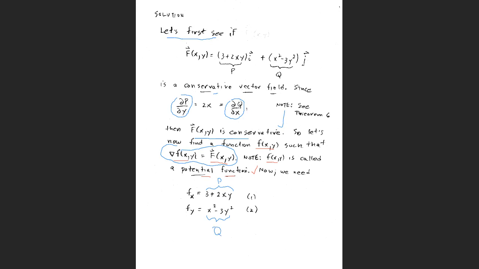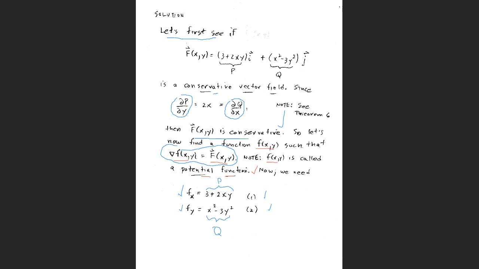So we're going to set p equal to the partial derivative of this function, whatever it is, with respect to x, and then we're going to set q equal to the partial derivative of f with respect to y. These are equations 1 and 2. And this is the procedure you need to use. This is what I'll be looking for on your exam as well, when you find a potential function.